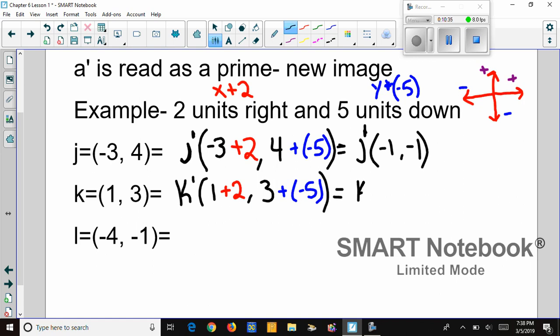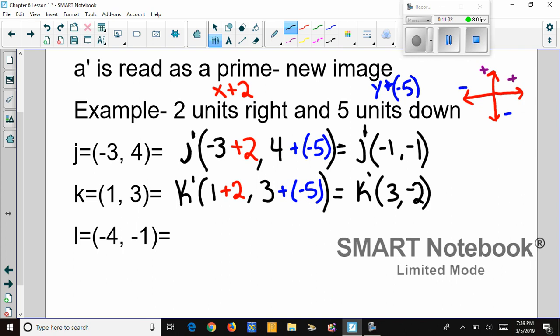So K prime is at a new location of 3, comma, -2. We're going to be looking at graphs here in a moment. I'm showing you right now just the mechanics of how we can find the new coordinates before we go ahead and show you what the coordinates look like.